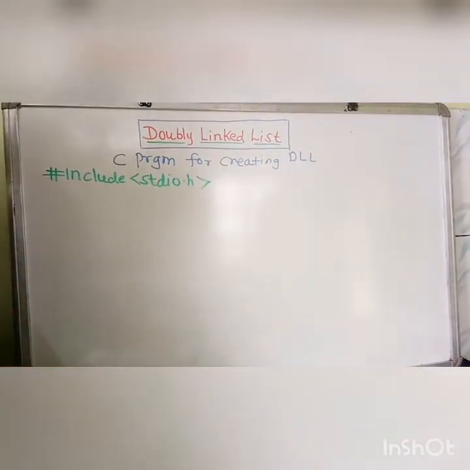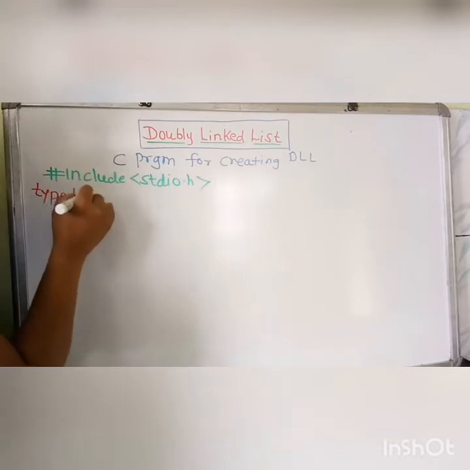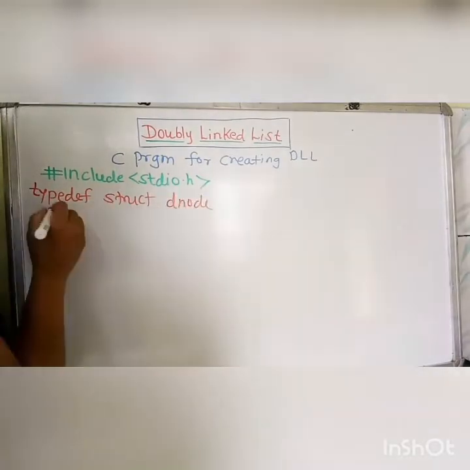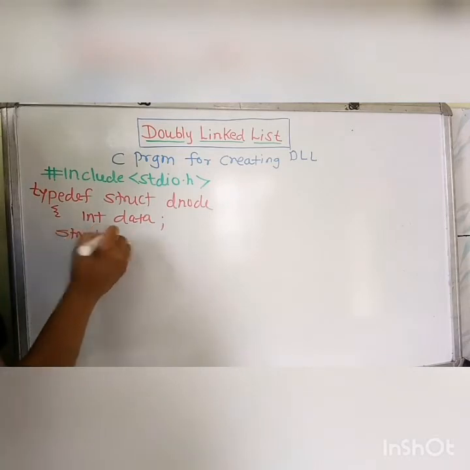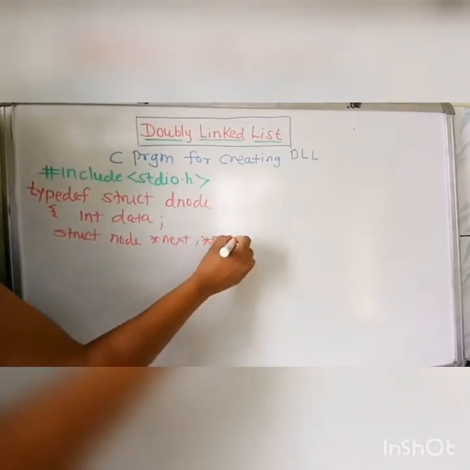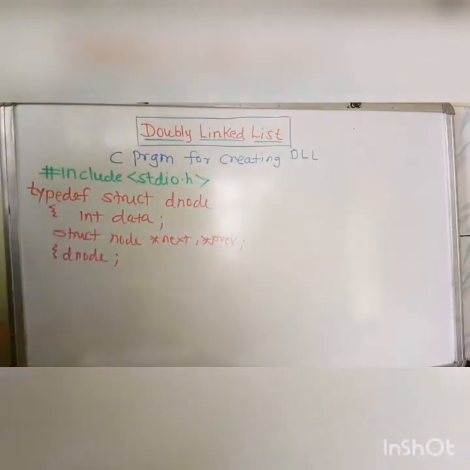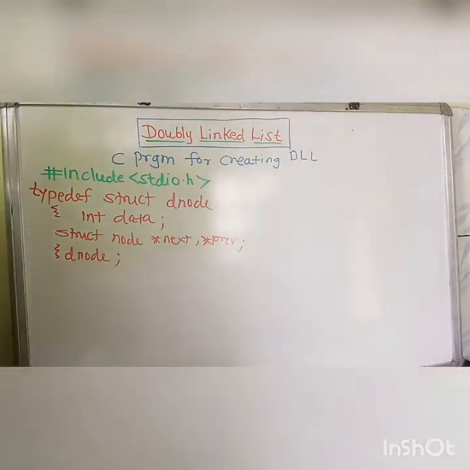Then we will write the node structure of the linked list that we had seen some time before, that is typedef struct, we call it DNode, then integer type data and struct node star next and star previous. Then we will create the variable of it, that is DNode.